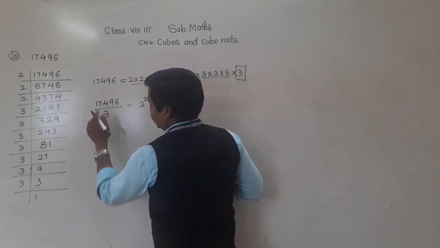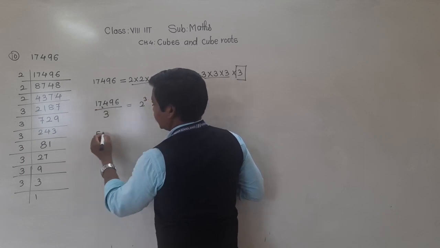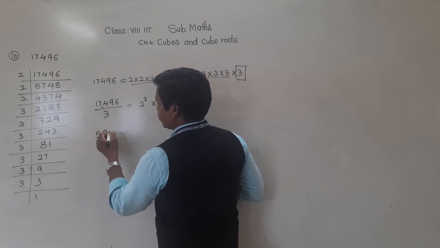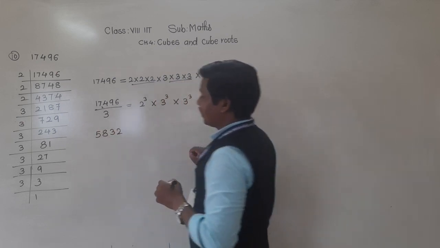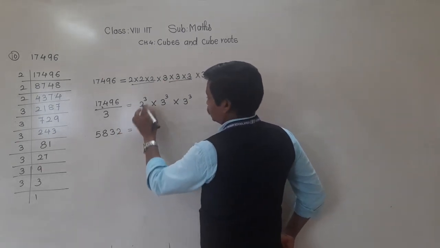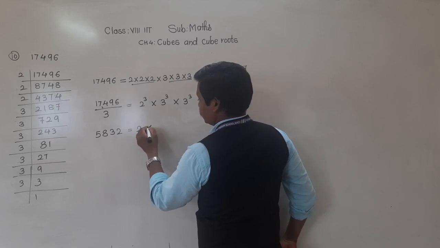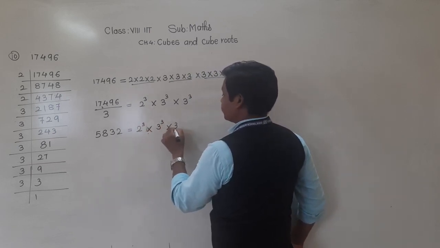So divide: 3 5s are 15, 2 remain, 3 8s are 24, 3 3s are 9, 3 2s are 6. 5,832 is equal to 2 cube into 3 cube into 3 cube.